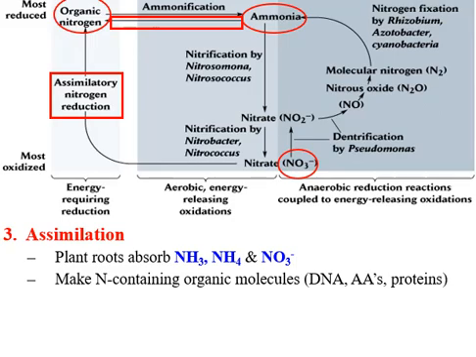Now you have this step of assimilation. Plant roots can absorb different forms of nitrogen. Ammonia is available to a certain degree, but it's not such an available form as nitrate. Nitrate can be assimilated and incorporated into the tissues of plants.